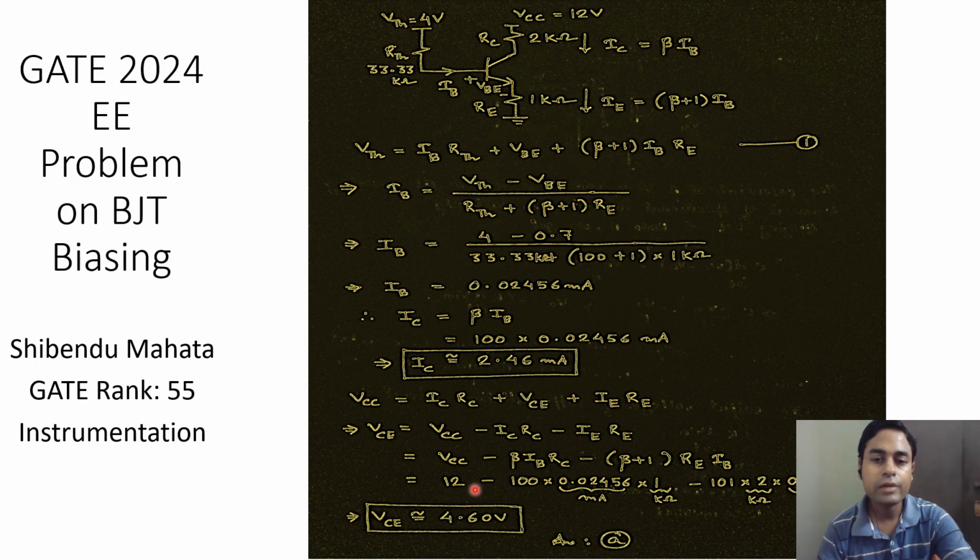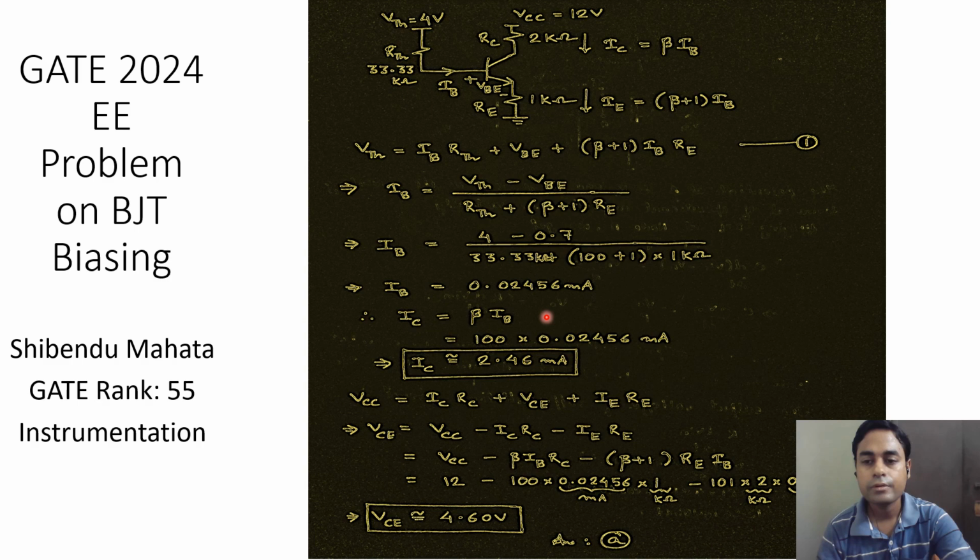Because all the values are known to us, VCC is known, beta is given, IB we had determined, RC is given. Again, beta plus 1 will be 101. RE is mentioned in the problem as 1 kilo ohm, and IB we have determined. So simply plugging in the values, we obtain the approximate value of VCE as 4.6 volts.